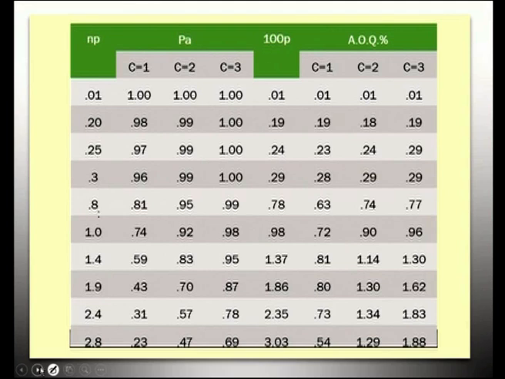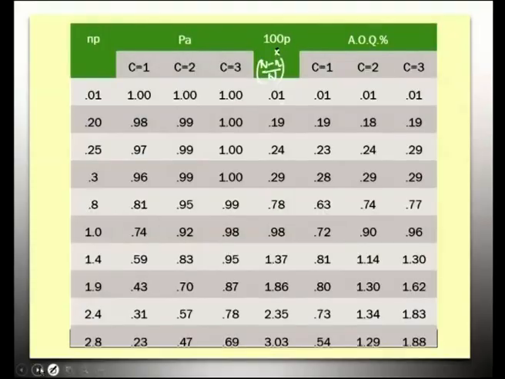So, NP is taken here and then PA values for C is equal to 1, C is equal to 2, C is equal to 3 are separately taken from the Poisson tables, and then 100p into capital N minus small n by capital N is calculated here. Capital N is 5000. So, 5000 minus 100 divided by 5000 into 100p. So, that gives you 0.01, 0.19 like that.